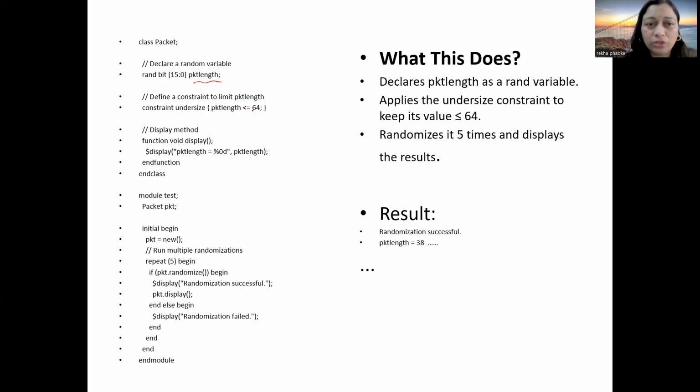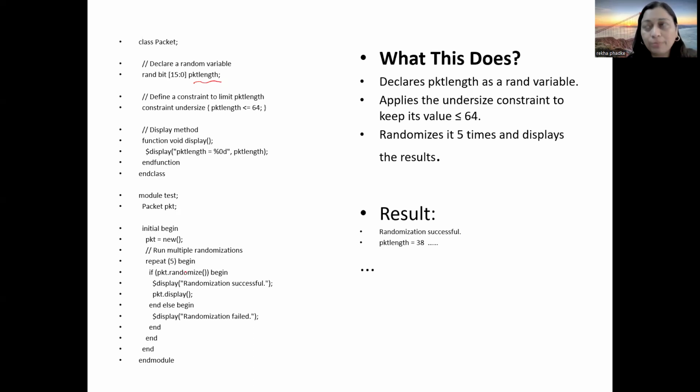I made it shorter. Then I have a display function inside the class. Now in the module, I declare an object, pkt, of type class packet, so an object of that class is created. Then I initialize all the variables using the new function. Then repeat of 5 is used inside the initial process, which will randomize the object pkt 5 times.